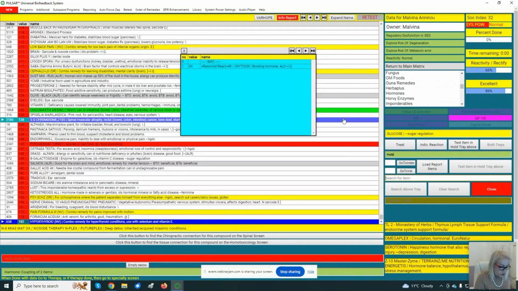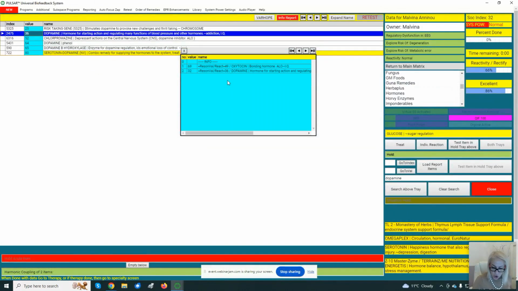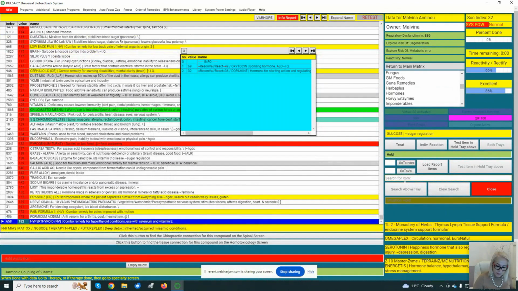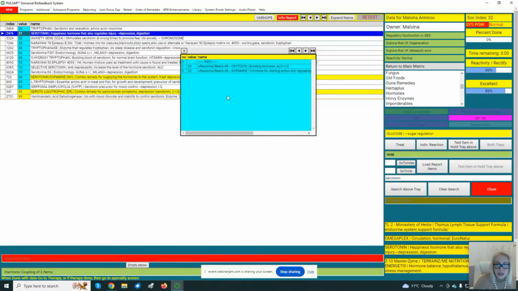Okay, dopamine. Dopamine is the feel-good neurotransmitter, and it's an important part of your brain. It's the reward system, the dopamine. Serotonin, the happiness hormone.